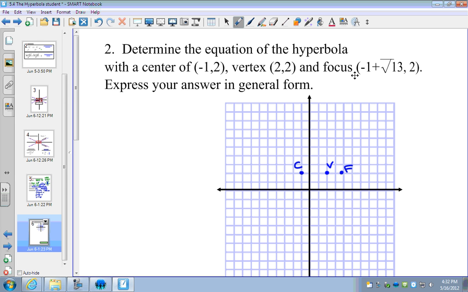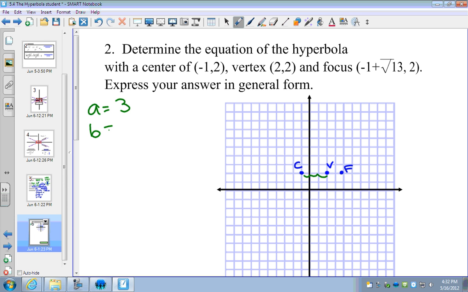Okay, so the first thing I can tell you is the distance from my center to my vertex. I should be able to figure that out. And that, from my center to the vertex, I can see is 3. And that is called A. So my A value is 3.